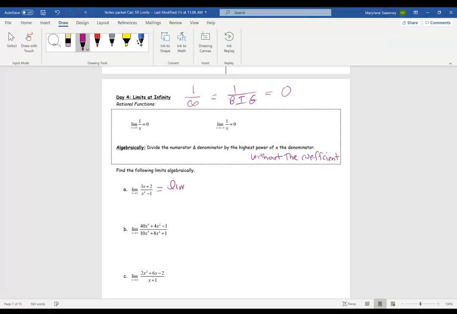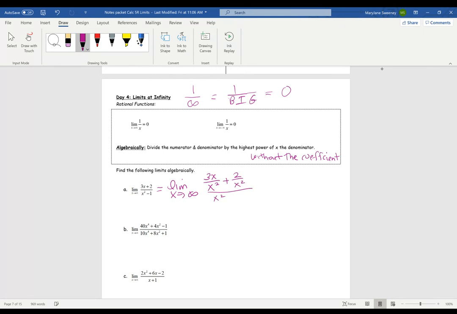So limit as x approaches infinity, we are going to divide the numerator and denominator by the highest power of x in the denominator, which would be x squared. If we look at the denominator, the highest power of x is x squared. So we take 3x, divide by x squared. We take the 2, divide by x squared.